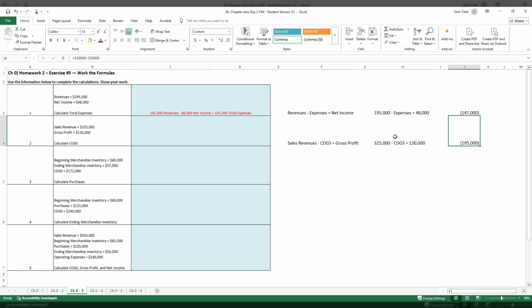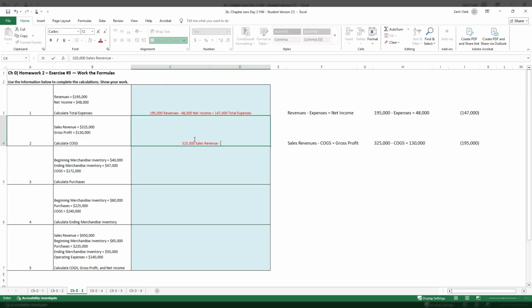If we were to work this formula all the way through, I would say negative cost of goods sold equals negative 195,000. Or in other words, cost of goods sold is 195,000.